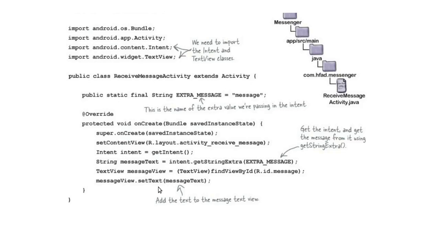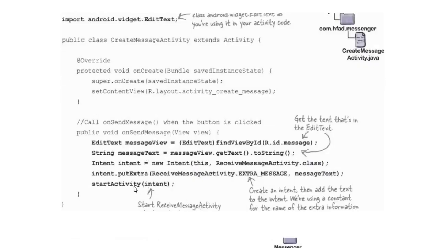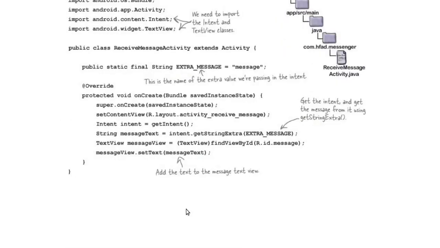Then we use start activity to start the intent, and it goes to the operating system, and the operating system starts that second activity, the receiving message activity. Here we extract the intent by using the get intent method, and then we extract the text message and display it in the text view.